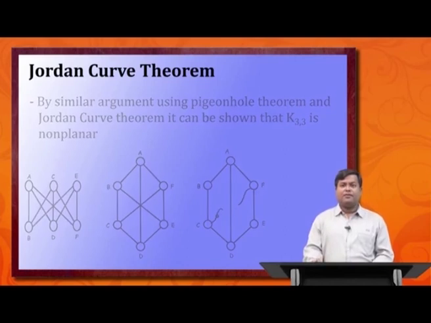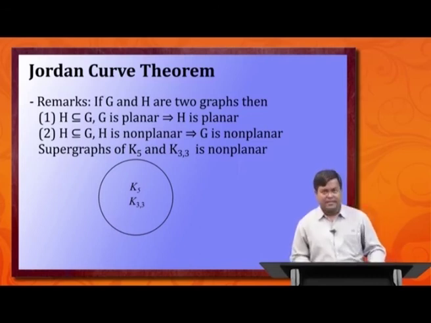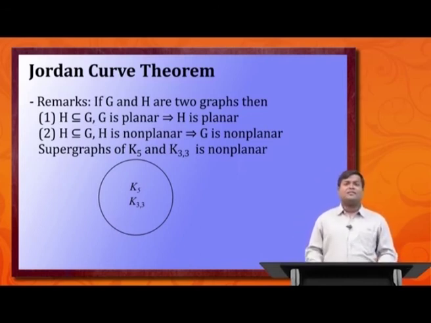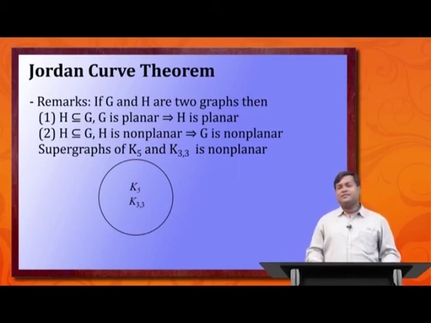Okay. So now we have a few remarks based on our previous analysis. If G and H are 2 different graphs, and let's assume H is a subgraph of G, and if G is a planar graph, then that implies H is also planar. And this reasoning is very obvious.